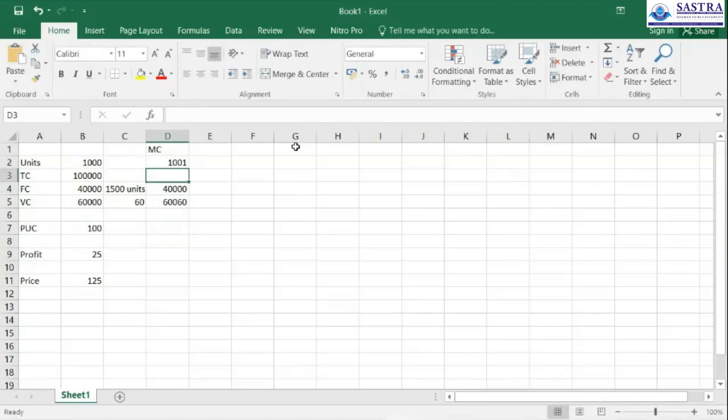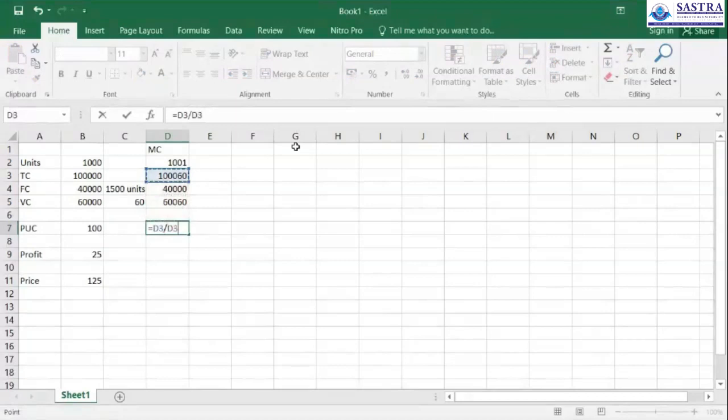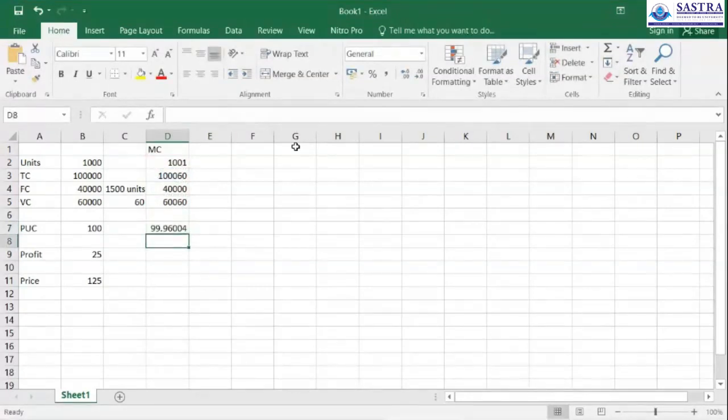The overall cost comes to 1,60,000 rupees, so the per unit cost comes to 99.96 rupees. What about your profit? The profit remains constant.